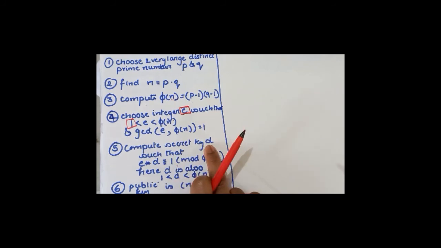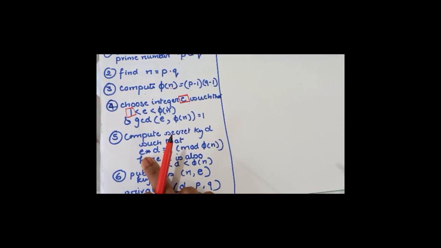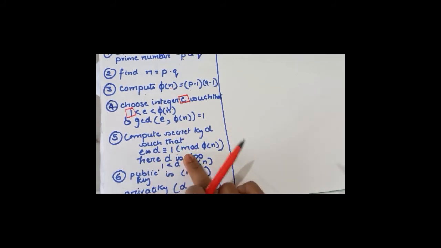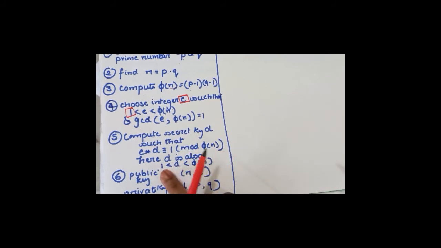Moving ahead to the fifth step, after choosing e, you will compute d. How will you compute d? Such that e multiplied by d is congruent to 1 mod phi n. One more thing, here d should also lie between 1 and the totient function n.